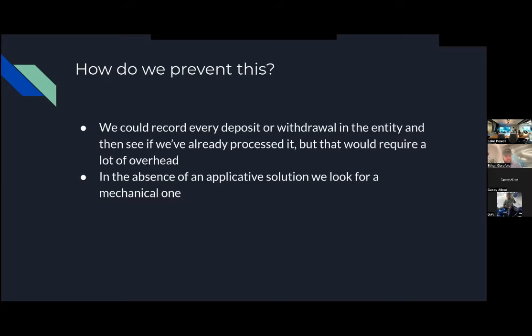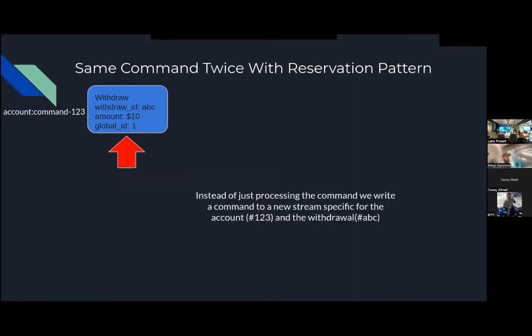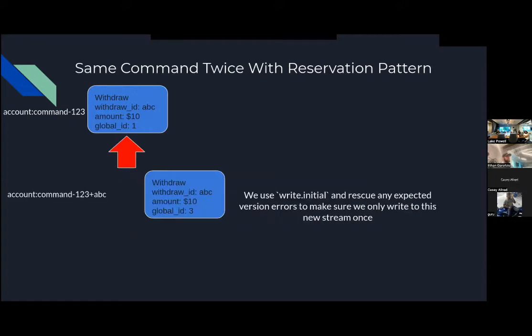So in the absence of that, we look for something that's more mechanical in how messaging happens. And in Eventide, because of the way it's set up with MessageDB, we can use what's called the reservation pattern to dedupe some of these things. So let's see what that looks like. Like before, we have our withdraw command come in with ABC, and instead of just processing it, we write it to a new stream that has both the account ID and the withdrawal ID on it. We use what's called a write initial.